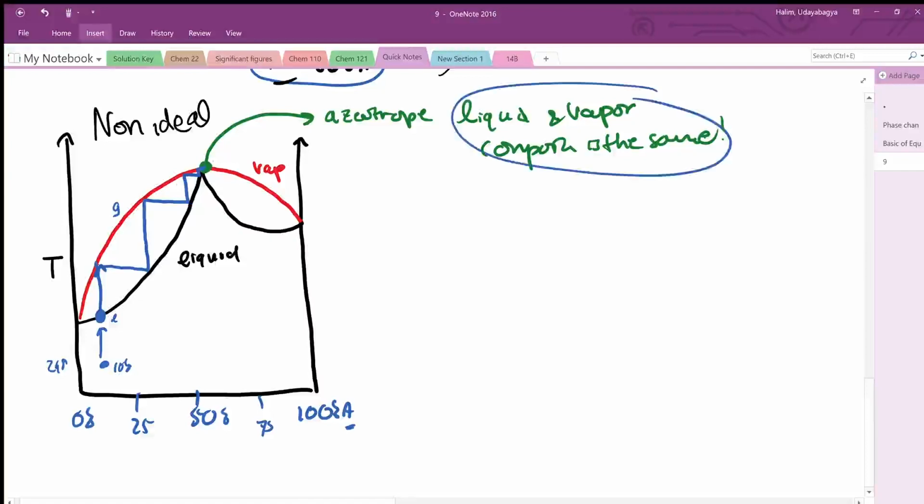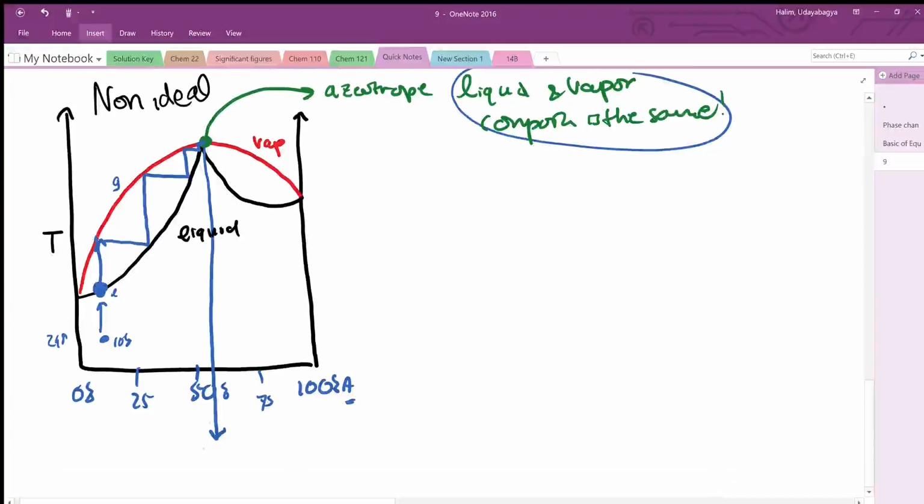So the maximum purity that I can get, if there is an azeotrope and I start out here, is only about 55%. That's as pure as I can get in terms of my azeotrope.